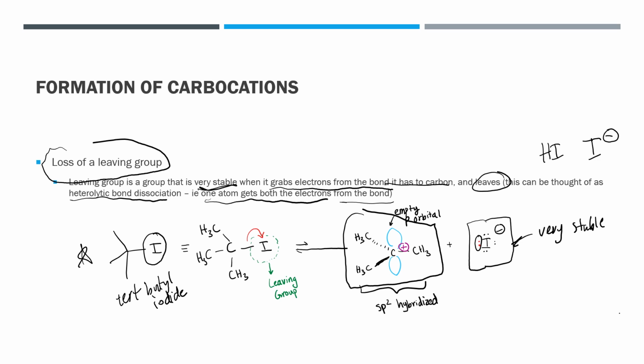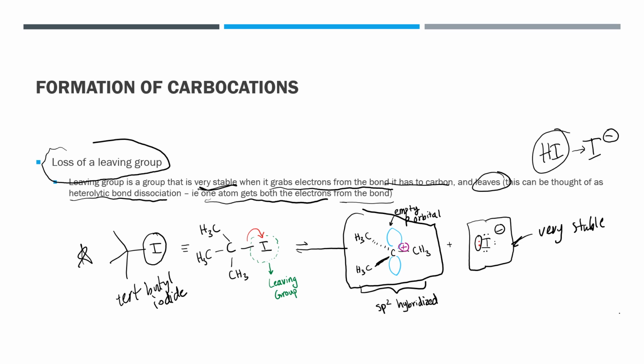It's really stable. The acid strength of HI implies that I minus is very stable because it doesn't want to get protonated, doesn't want to form another compound, doesn't want to react. That should show you why iodide is very stable, and that's why iodide acts as the leaving group.